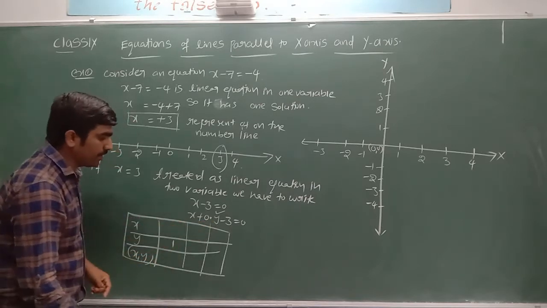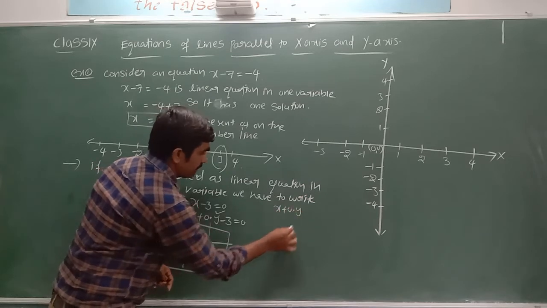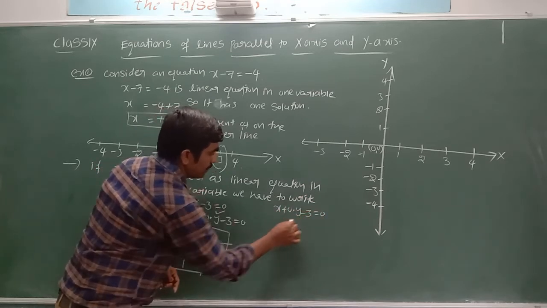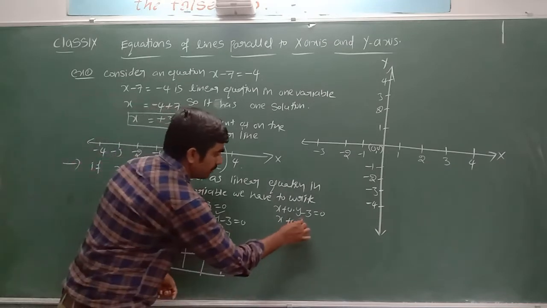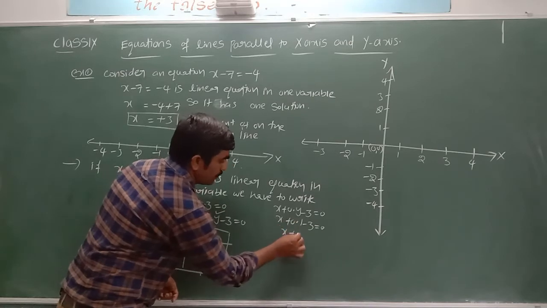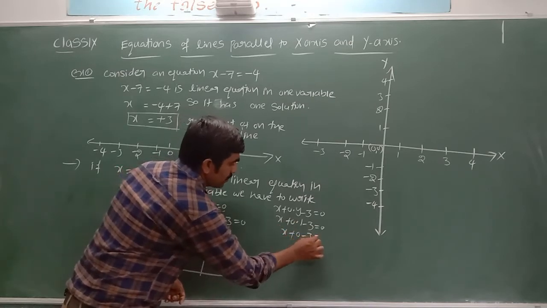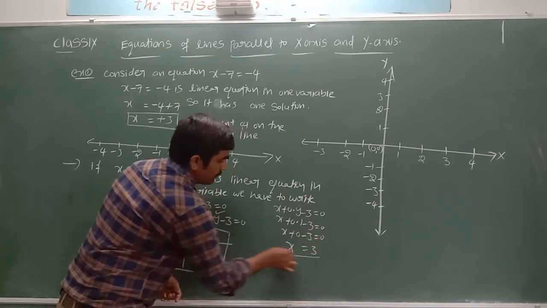Substitute y is equal to 1 here: x plus 0 into 1 minus 3 is equal to 0. x plus 0 minus 3 is equal to 0.